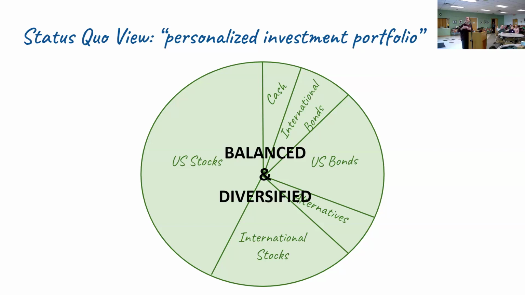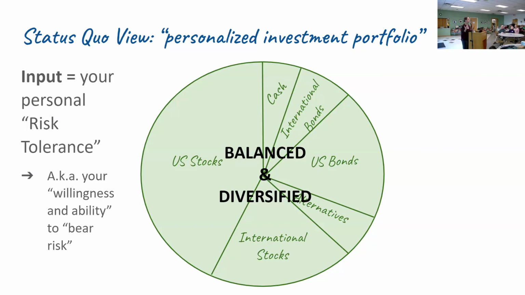And then in the status quo perspective on personal finance, there's this idea that the way you determine what is a good balance, what is good diversification, which is just another word for a variety of different things, is that you somehow put in an input, you determine your risk tolerance. You're told this is your willingness and ability to bear risk.